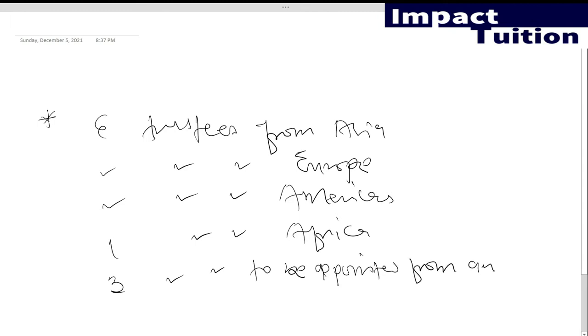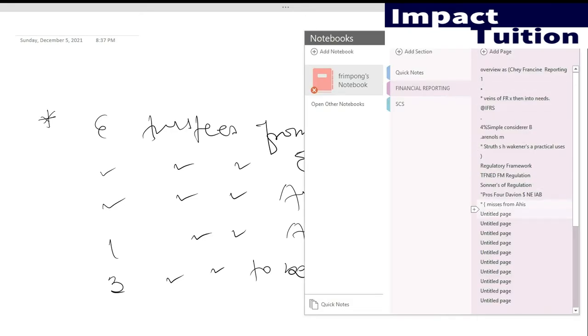From anywhere. Right. So this is the constitution or the makeup of the IFRS Foundation. Now, within the IFRS Foundation, we have bodies. One of such bodies is the IASB.